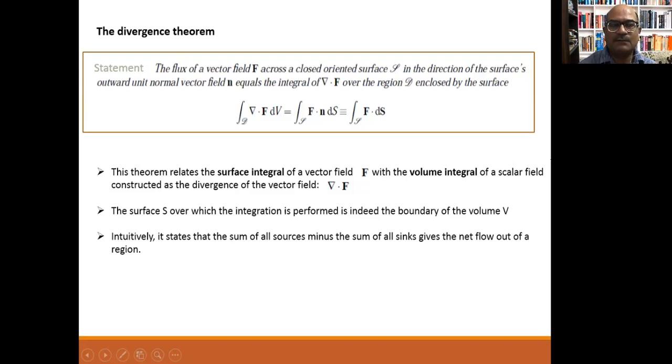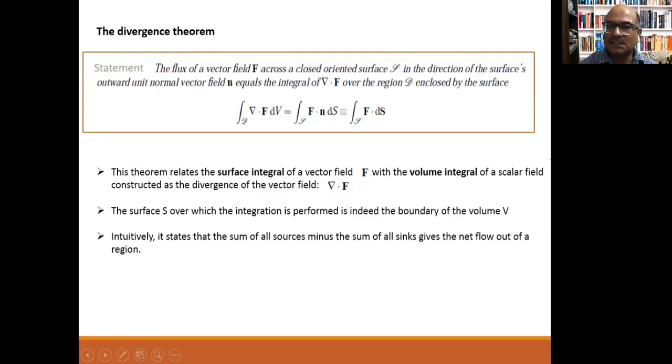So the flux of a vector field F across a closed oriented surface, in the direction of the outward unit normal vector field n, equals the integral of del dot F.